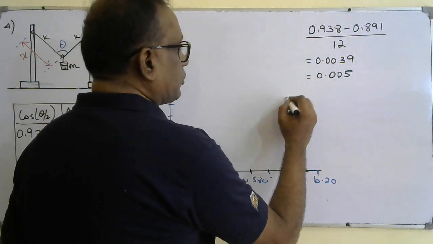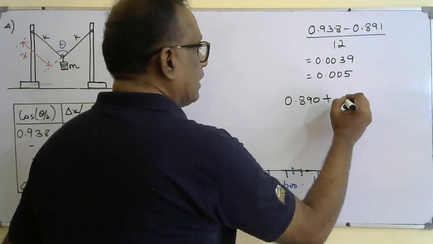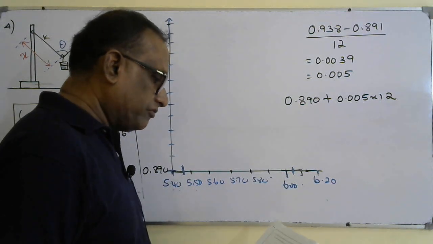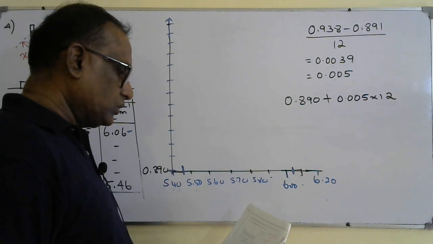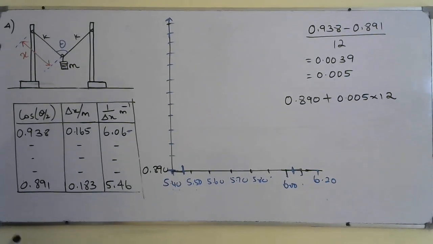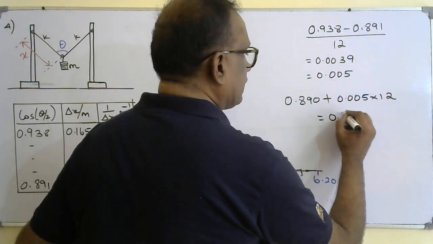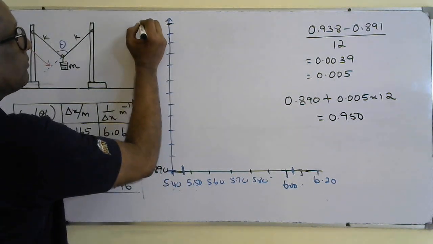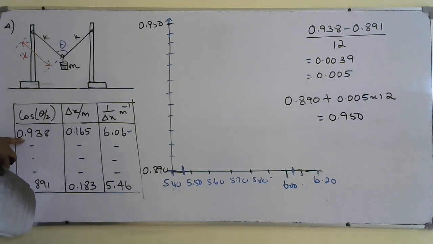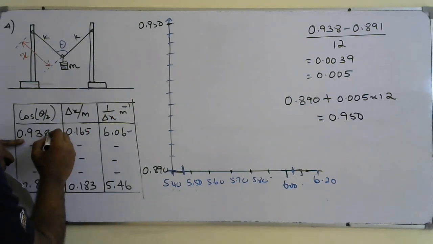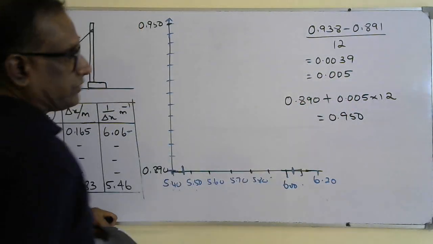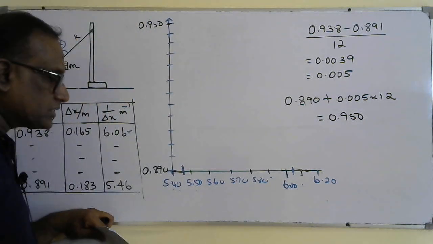We'll see that. 0.890 plus 0.005 into 12 divisions, so my final reading will become 0.950. That is more than my maximum value in the data, 0.938. So I can include 0.938 also here. Okay, so we include each division as 0.005, not 0.0039. We don't use that interval.